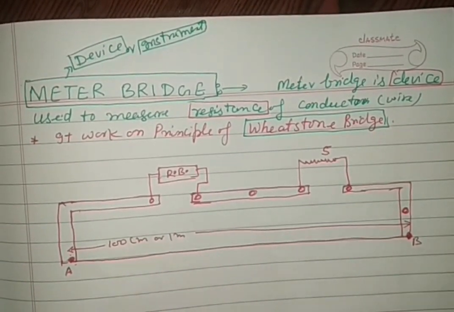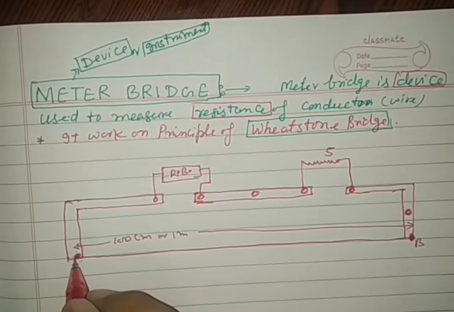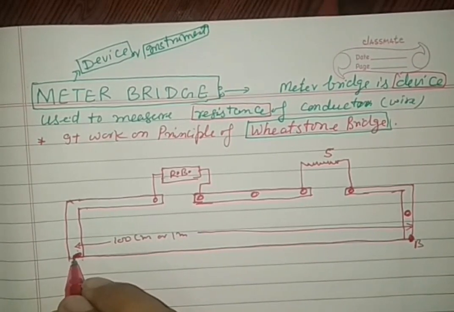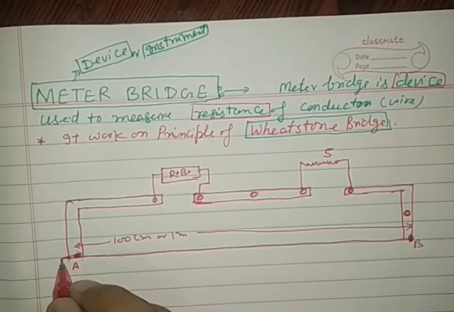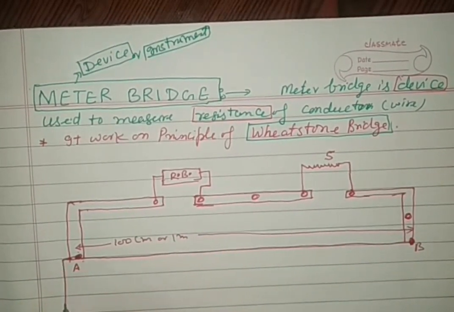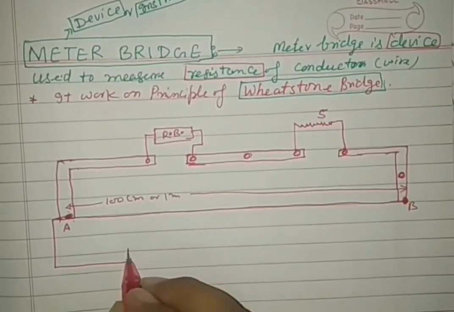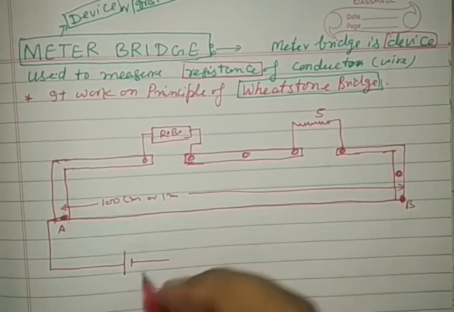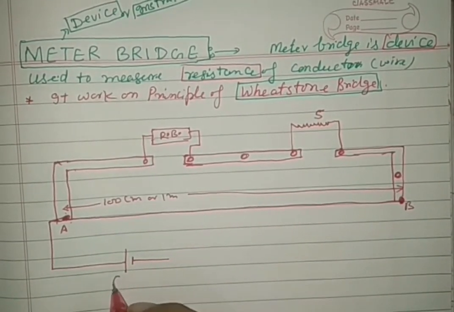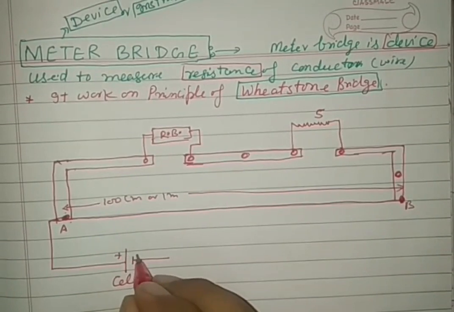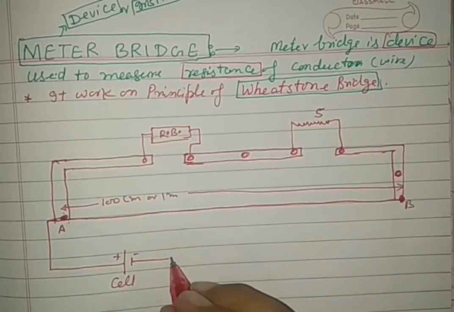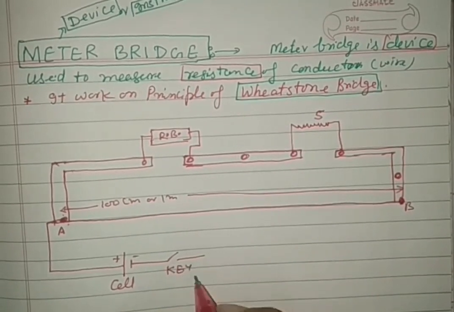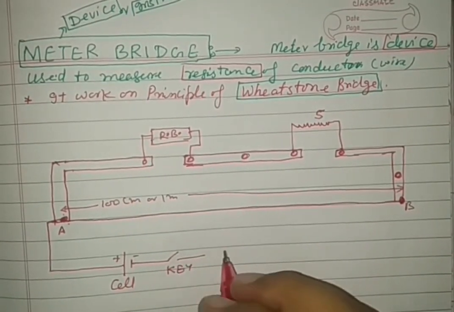So 2 terminals are here. See very carefully. From this open terminal, by a conductor wire, it is connected with the positive of a cell, and the negative of a cell is connected with the key here.